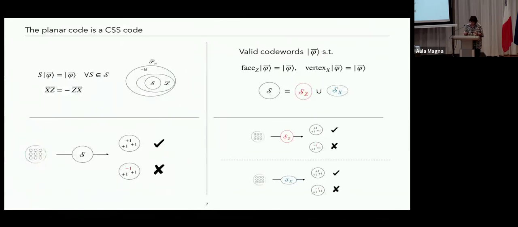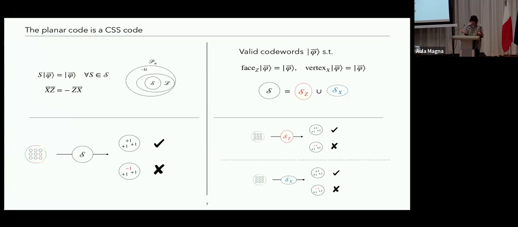And in general, as we have seen yesterday, we have a qubit that we have encoded with a bunch of physical qubits. We have a stabilizer group. And what I do to detect the presence of error is I measure these operators. And whenever I have all plus one, I know that I'm in the code space, so there is no error present. And whenever I have at least one minus one, I found one operator that anti-commutes, I know that something went wrong.